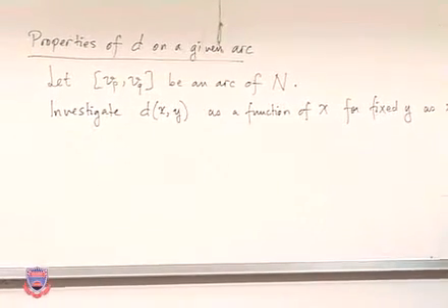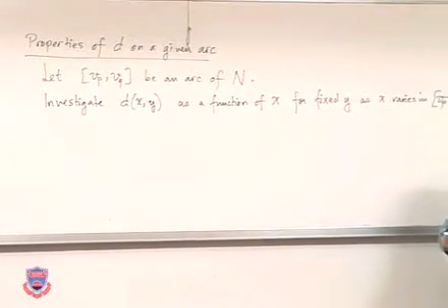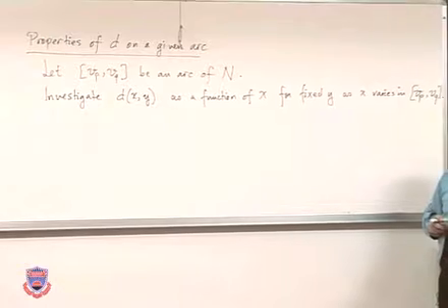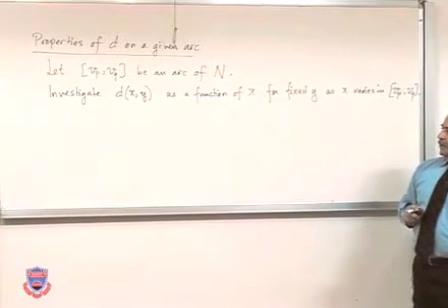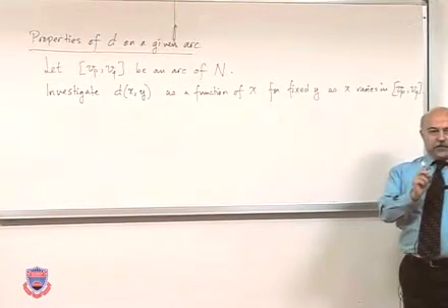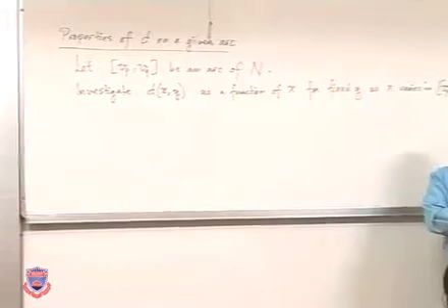That's what we're going to do. So we have a fixed point y, and we're looking at how the function changes as a function of x as x moves from one endpoint of the arc towards the other endpoint.